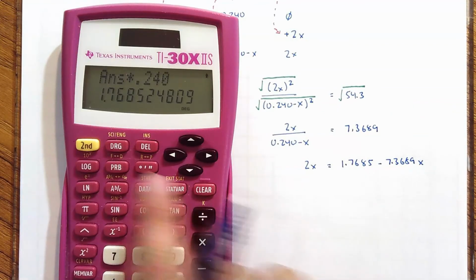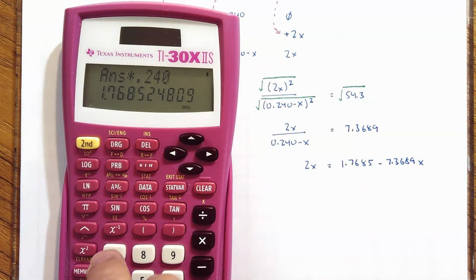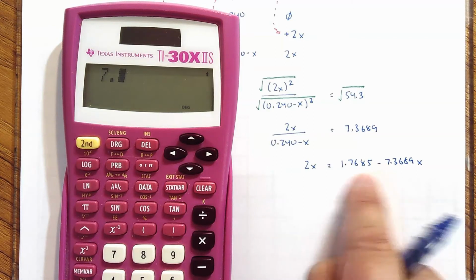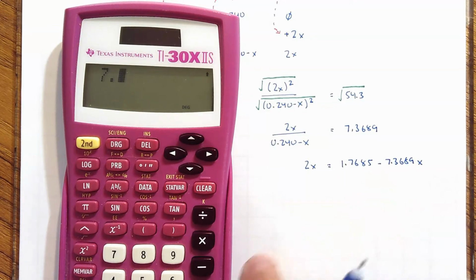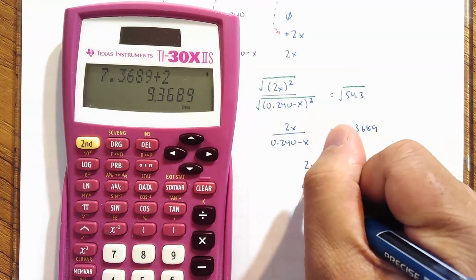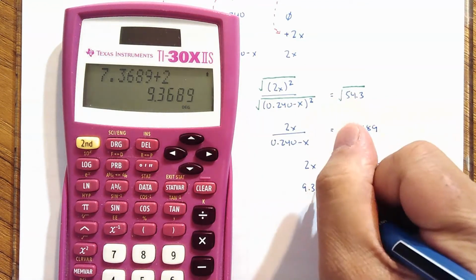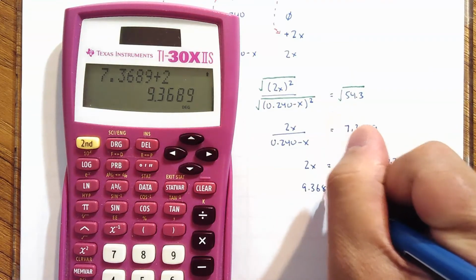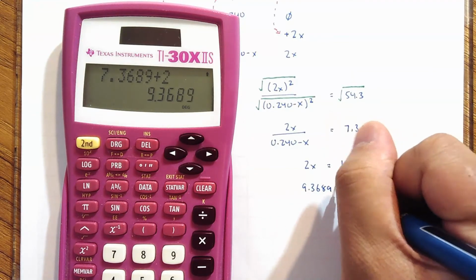Let us bring this term with x to the left. So we're going to add 7.3689x to both sides, plus 2x. I hope this is right.